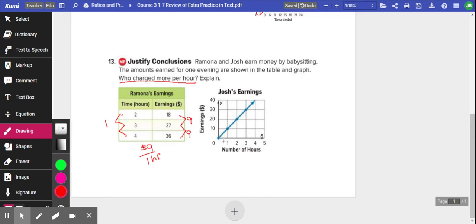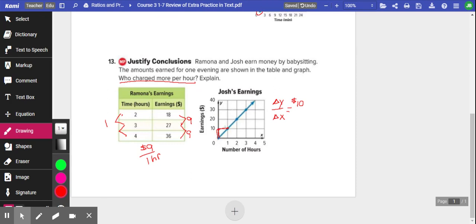Now for Josh's earnings, we notice that it starts at (0, 0), so we know it's proportional because it's going in a straight line. And what we can do for Josh is we can again find this delta y, or the change in the y-axis over the change in the x-axis. So from one point to the next, we're going to make our little triangle here, and it goes up 10. So that means a change in the y-axis of 10. And the y-axis is dollars.